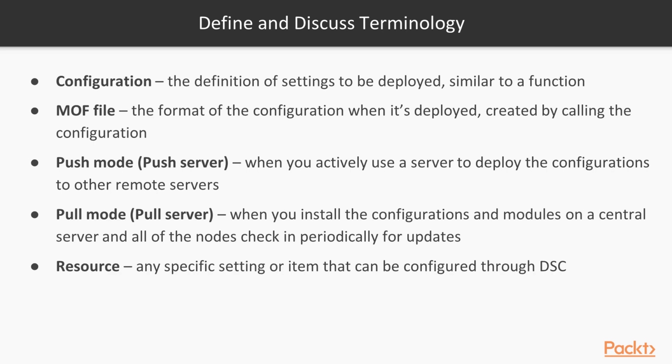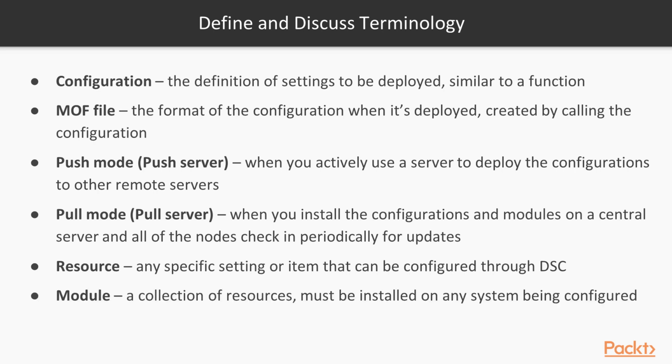Finally, at a little more granular level, we're going to use resources, which is any specific setting or item that can be configured through DSC. And resources are bundled together into a module. So we will typically have a built-in module that has resources in it, or we will find additional resources that are available in a downloadable module. That module does have to be installed on any system being configured.